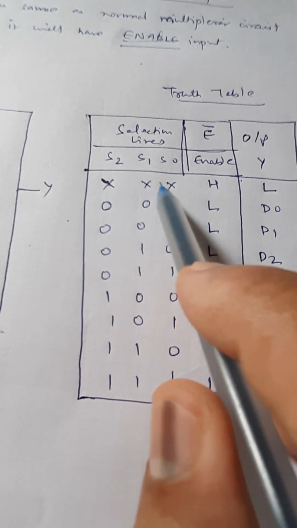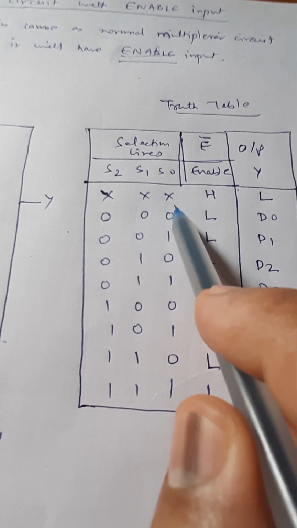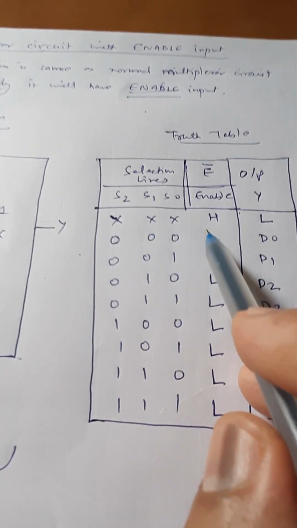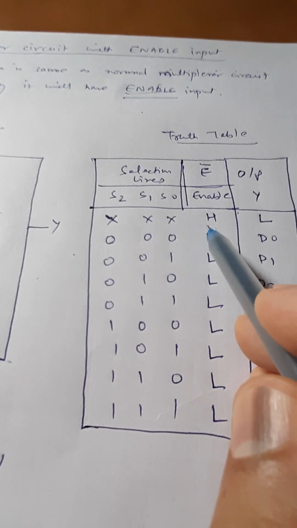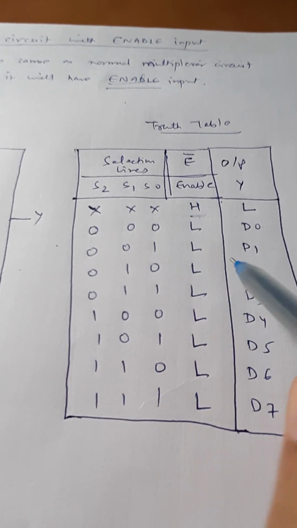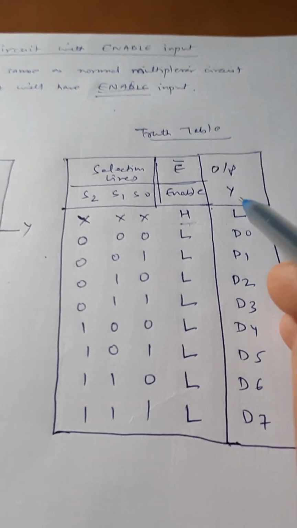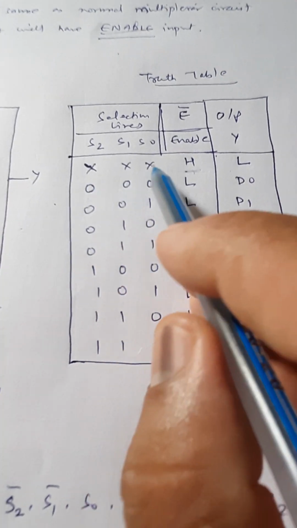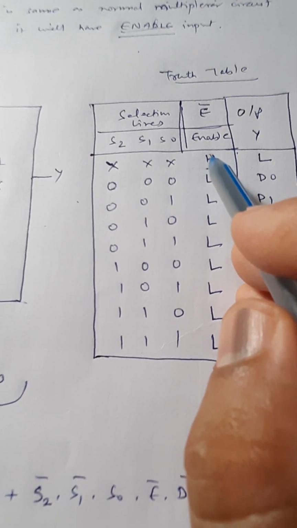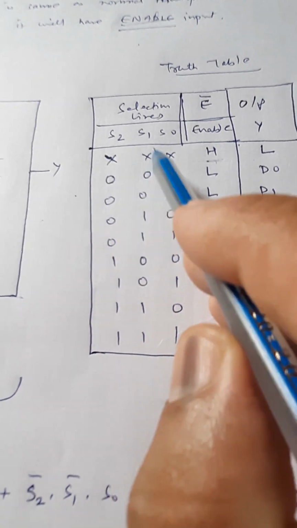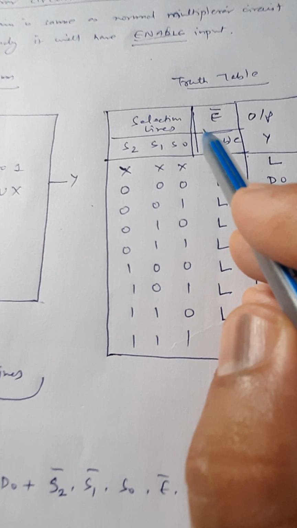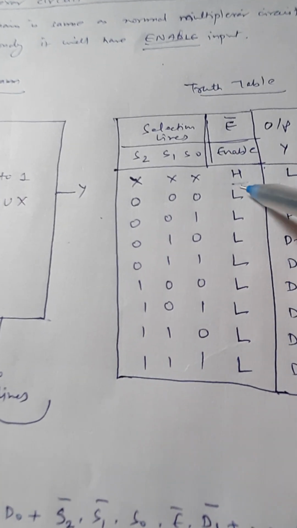S2, S1 and S0 are all X, meaning whatever they may be, when the enable line is high, the circuit is not going to work and the output is low, that means 0. Nothing will be output because enable is high, and high means 1. When it is 1, the circuit is not selected for operation, meaning the switch is off, it is disabled. It will work only when you give a low input.